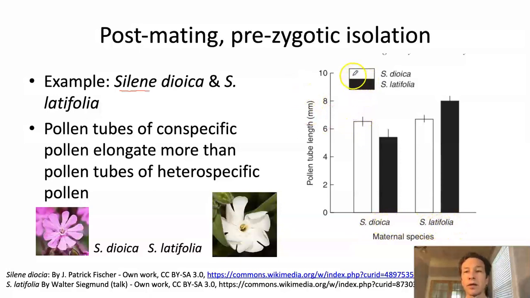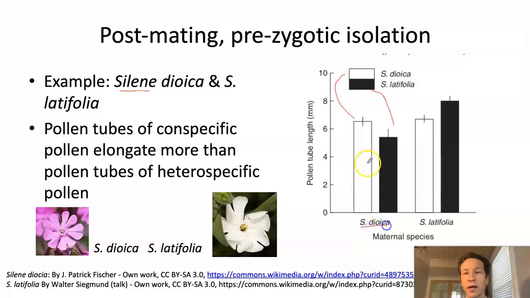And we applied dioica pollen, which is the white bars, and we applied latifolia pollen, which is the dark bars. So if there is a post-mating pre-zygotic isolating barrier of different pollen tube growth, we would expect the own species pollen to always grow better. And that's what we see for dioica.